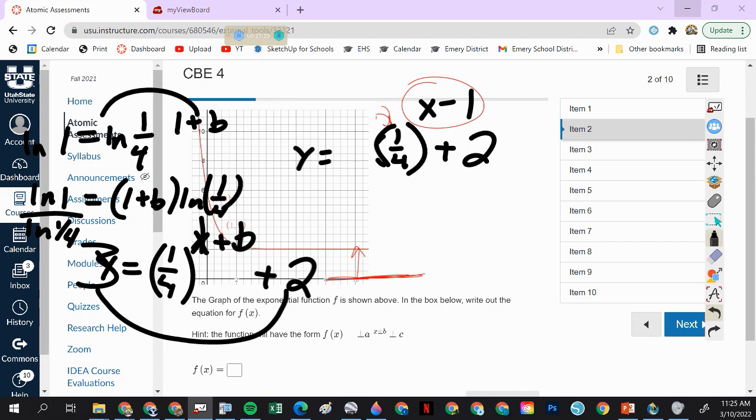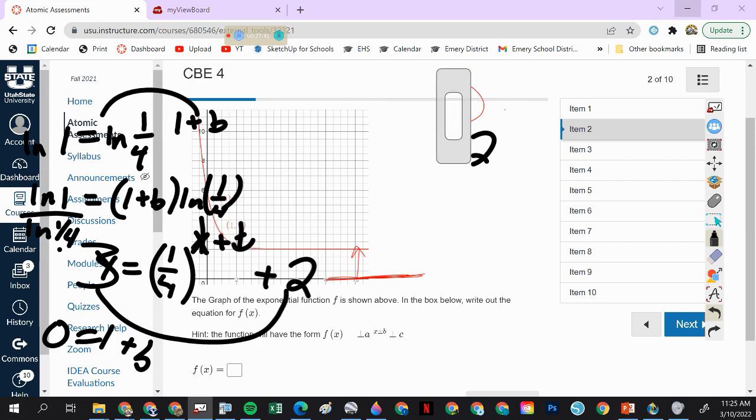And ln of 1 over ln of 1/4 is 0. Right? What exponent can you put on 1/4 to get 1? 0. So we get 0 equals 1 plus b, and we subtract 1 and we get b equals negative 1. Okay, let's do a couple of these.